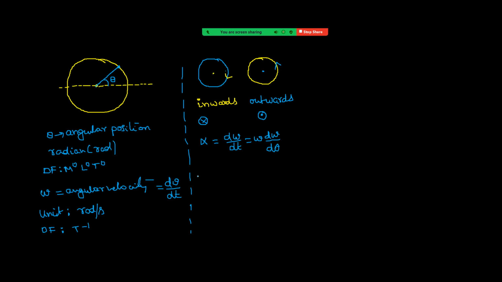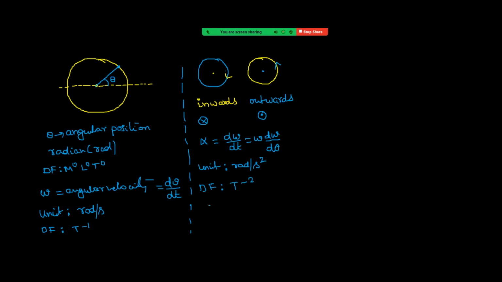And coming to direction again, for alpha also the direction is along the axis. It may be inwards or outwards. First let us see units. Units are, I think you can guess, radian per second square. And the dimensional formula is T power minus 2.